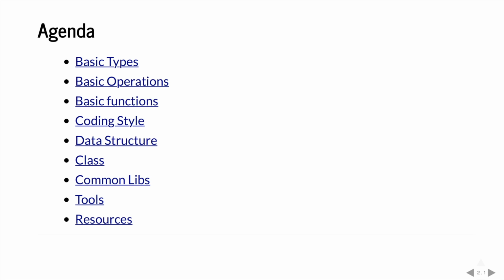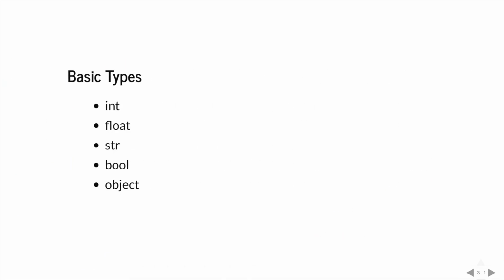Then we're going to look at the most used data structures like list and set, the class definition and how it's different from C sharp, some useful libraries we're going to use very often, the tools I've been using, and also a list of recommended resources.